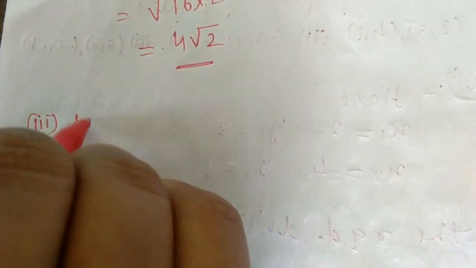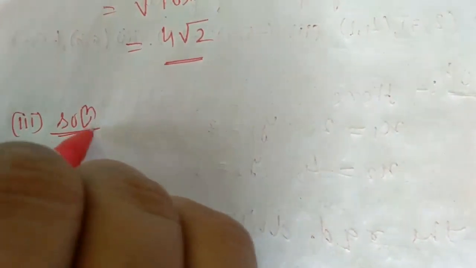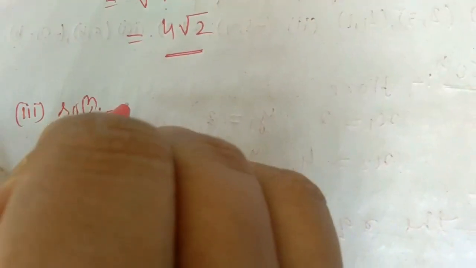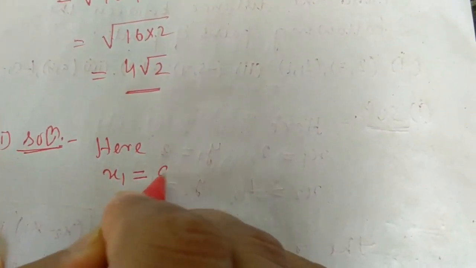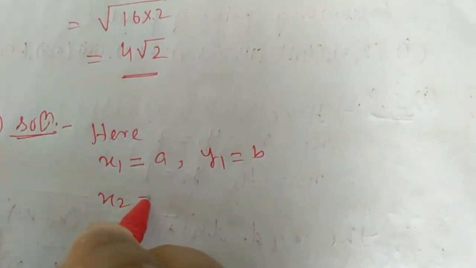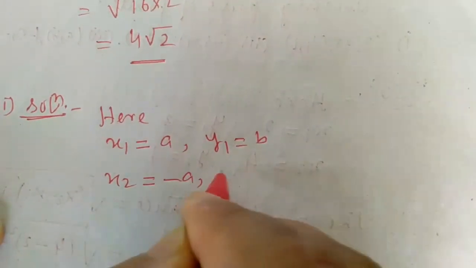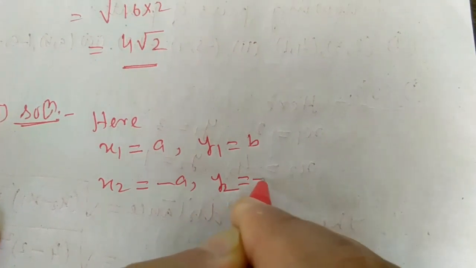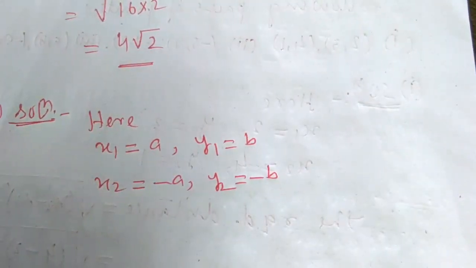Okay, solution. Here x1 equal to a, y1 equal to b, x2 equal to minus a, y2 equal to minus b.